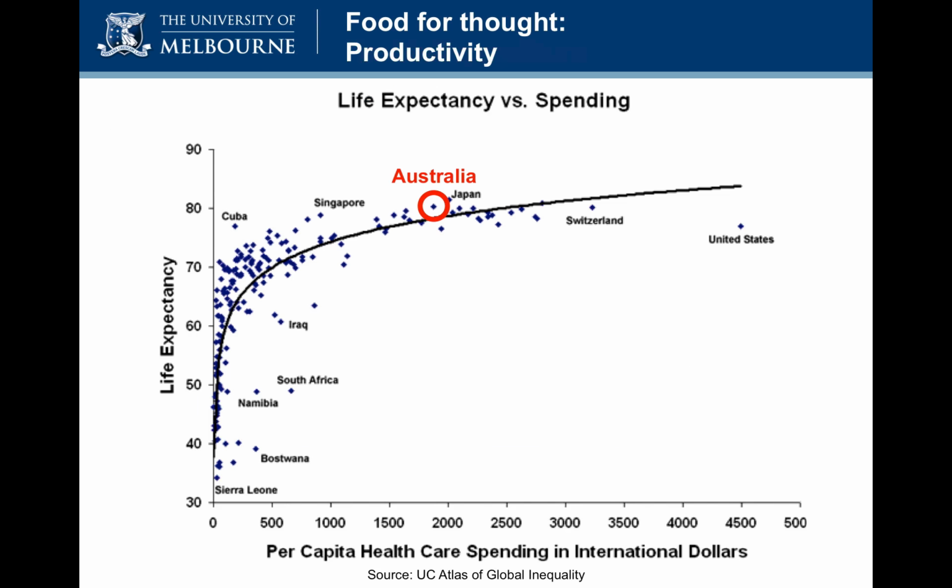In the next slide, we're comparing a commonly quoted figure, in this case from the Atlas of Global Inequality. What this maps out is life expectancy on the y-axis versus per capita healthcare spending, which has been adjusted into international dollars to take into account different price levels in different countries.